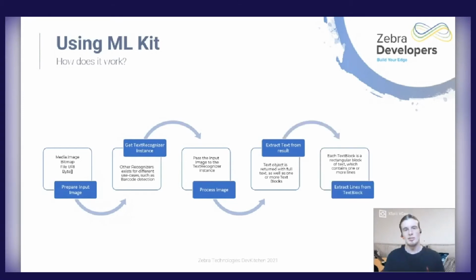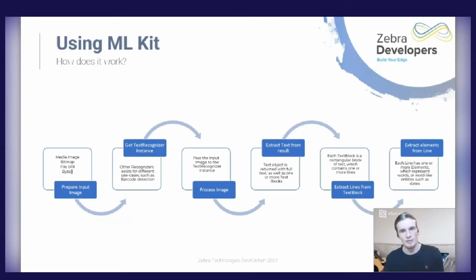Each text block is a rectangular block of text, which can then contain one or more lines. Then we can extract the elements from those lines, which are essentially the words or word-like entities, such as dates.